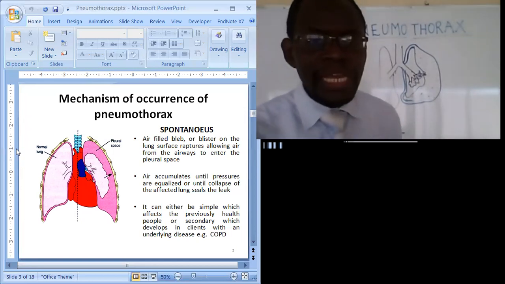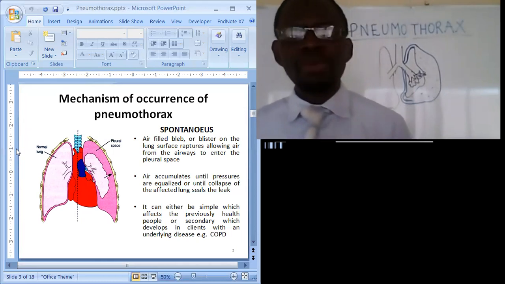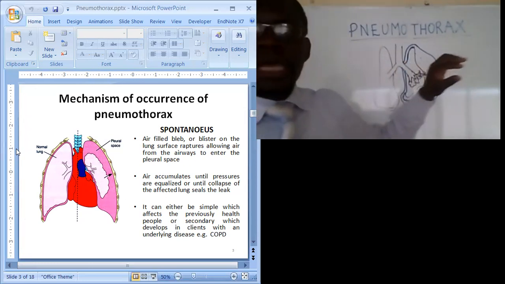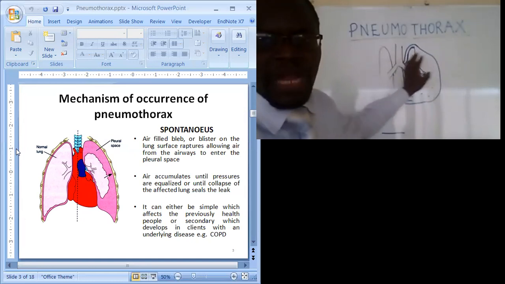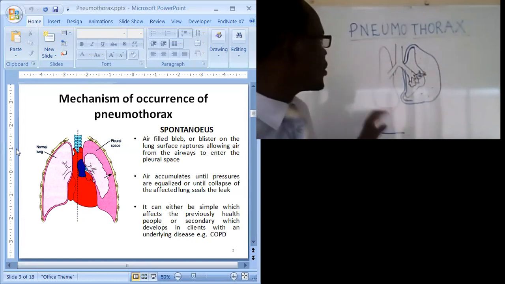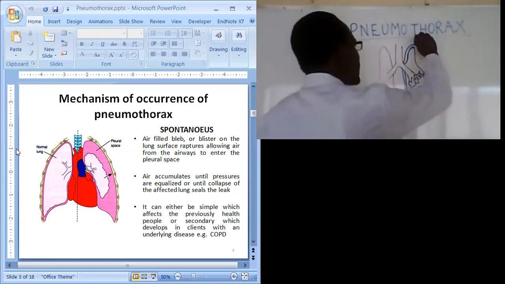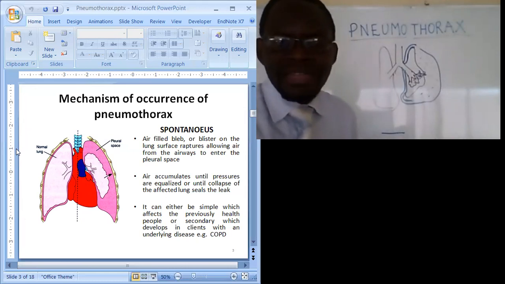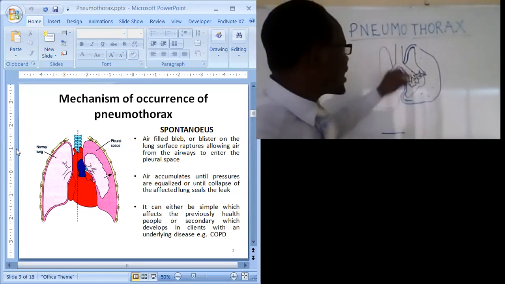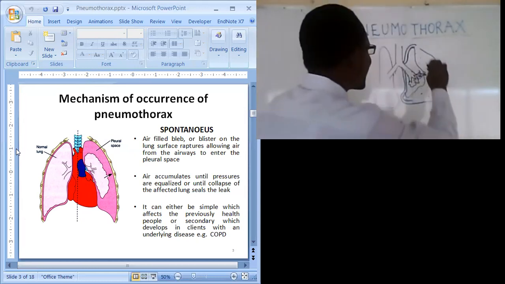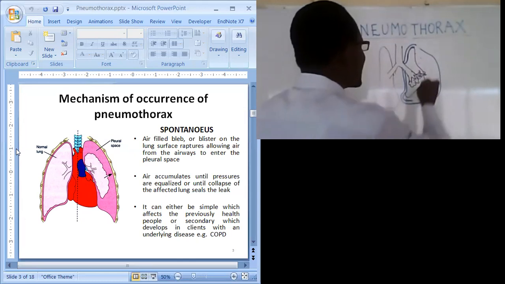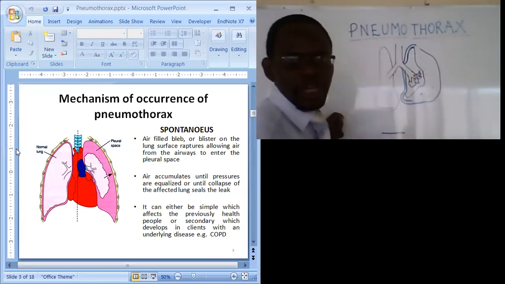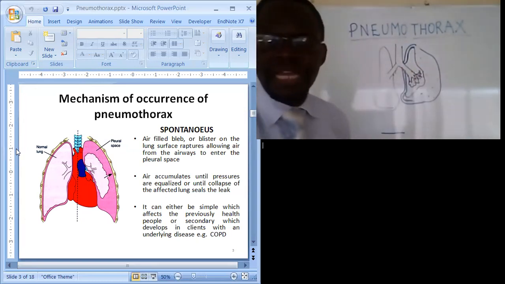Now, this air accumulates until the pressures are equalized or until the collapse of the affected lung seals the leak. Yeah. So the air keeps on accumulating until you have a seal, because as the lung collapses, it can eventually seal off, so that no air enters the pleural space anymore, yeah?